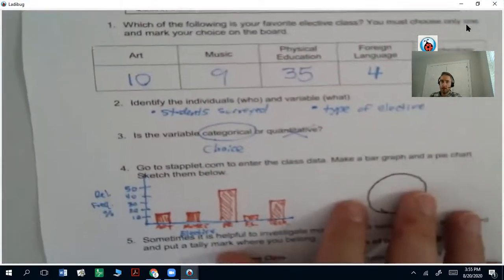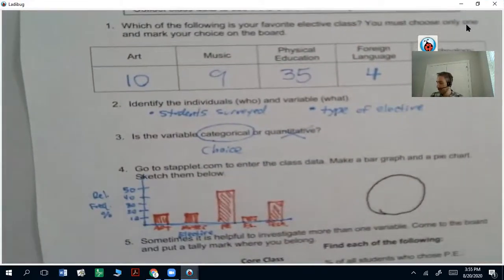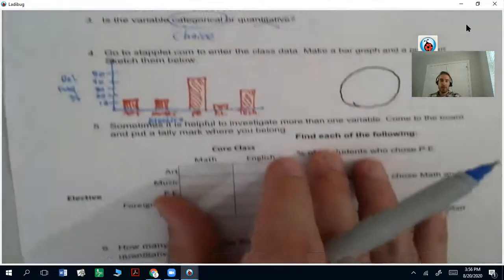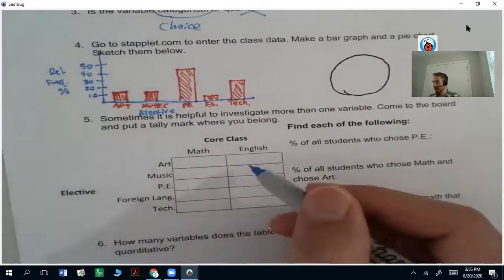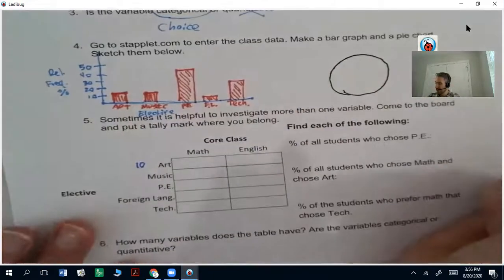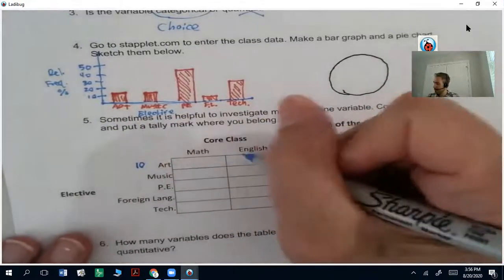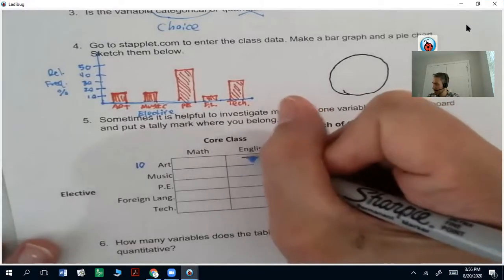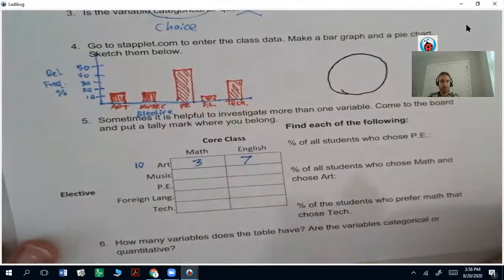Thinking about it logically, if you have a student that favors art, how many of them would be more English minded than math minded? Well, we had 10 art total, but I would argue probably that most would be more a fan of English as a core class. So let's say that's a 7 and 3 breakdown.